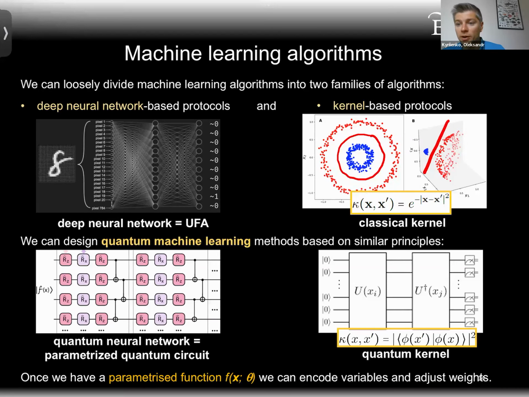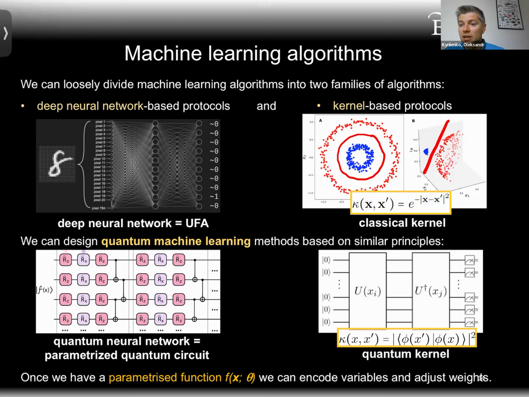And you also have quantum kernels that share a similar idea, that you need to measure the distance between 2 points. But unlike classical kernels, this distance comes as a distance between 2 quantum states.